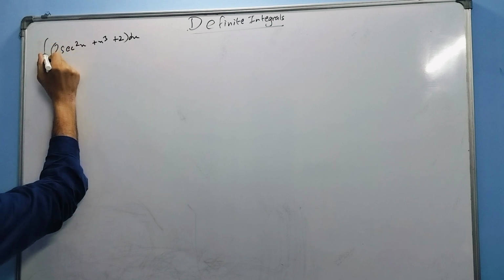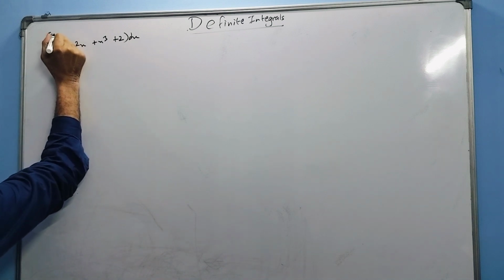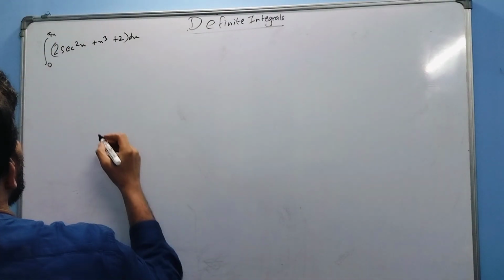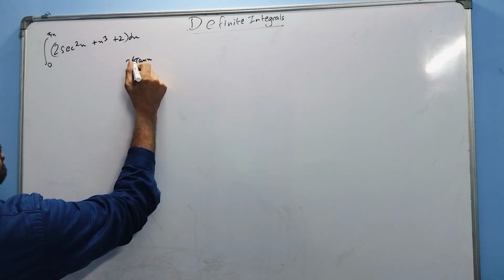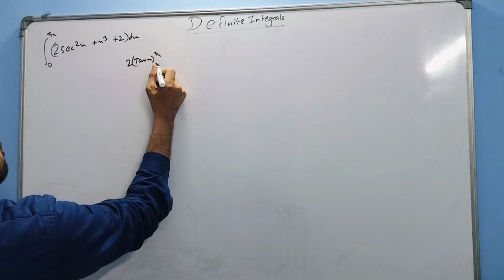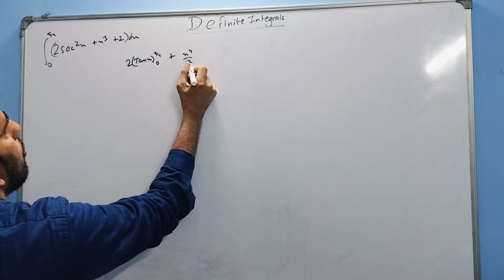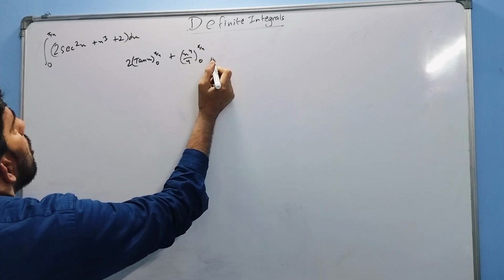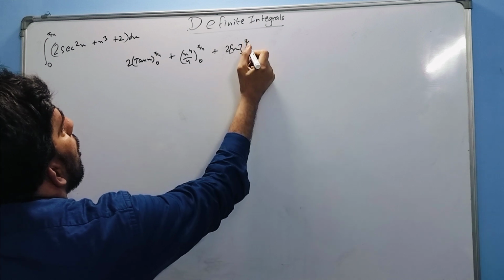Okay, they have given 0 to pi by 4. Okay, so now let us try to solve this. We know the integration of sec square x is tan x, 2 tan x from pi by 4 to 0, plus x to the 4 by 4 from pi by 4 to 0, and 2x from pi by 4 to 0.